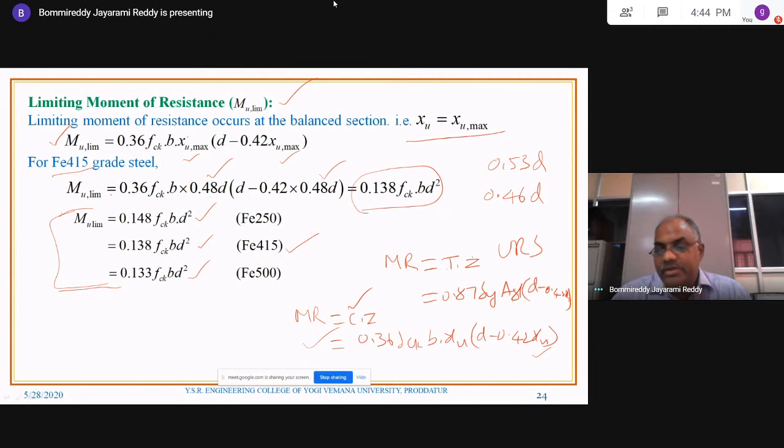If it is over reinforced, what is the value of xu? For over reinforced also the same value. That means the moment of resistance of the balanced section or over reinforced section is one and the same. That means any increase of steel reinforcement will not increase the moment carrying capacity of the section in a limit state method of design.